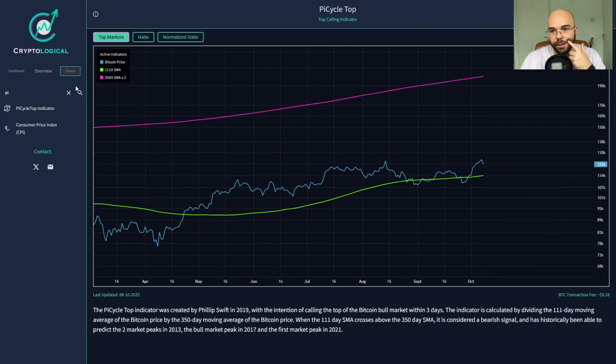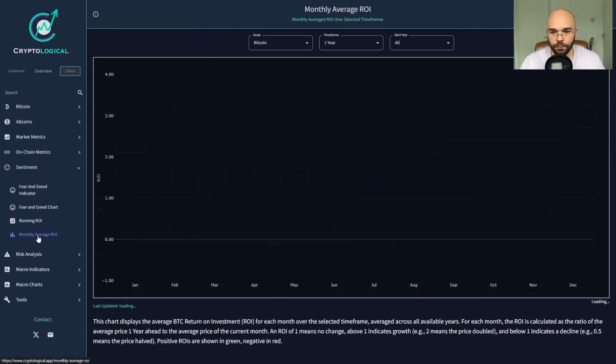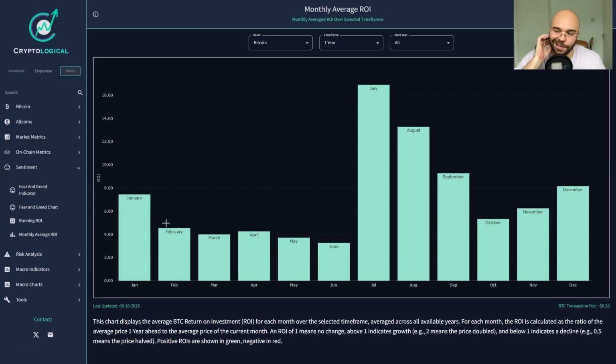So another way we can have a look at this is on the monthly average. Now the data is skewed because it starts from the beginning of the data set for Bitcoin, where we already saw on the market cycles chart very early data with a very low market cap. The price is very volatile, and it's not very useful.